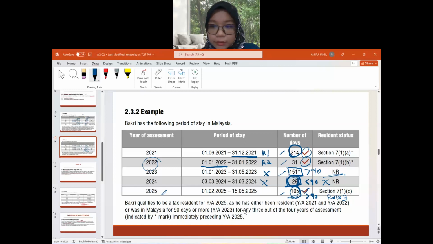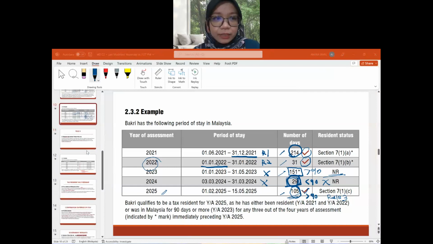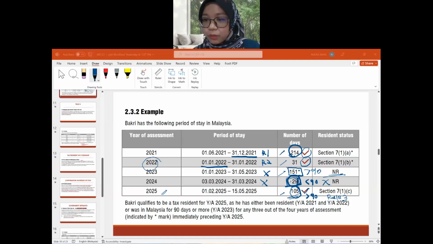Have you started getting dizzy, or is it okay? For rule number 3. Okay, can anyone recap what is rule number 1, rule number 2 and rule number 3?